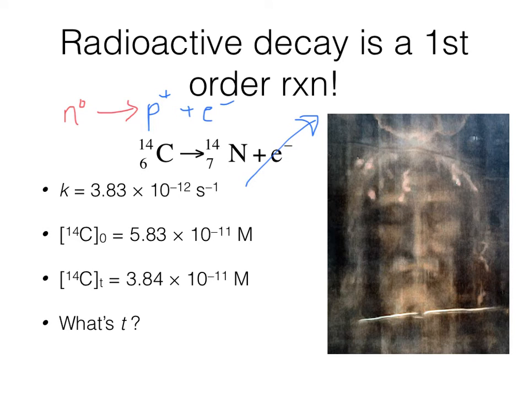When you die, one of the things about dying is you don't tend to eat anymore, you don't take in carbon, and so the carbon-14 atoms that have snuck in there with the carbon-12 and 13 get to decay away, and at some time the concentration's gone down, and the question is, how long did that take?